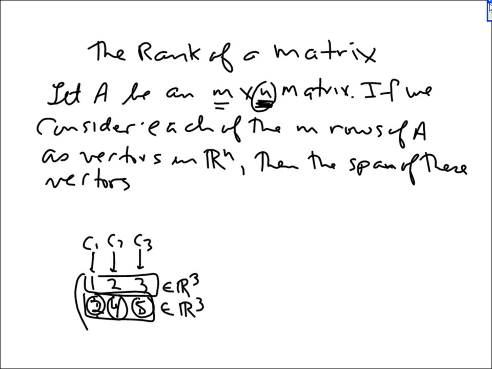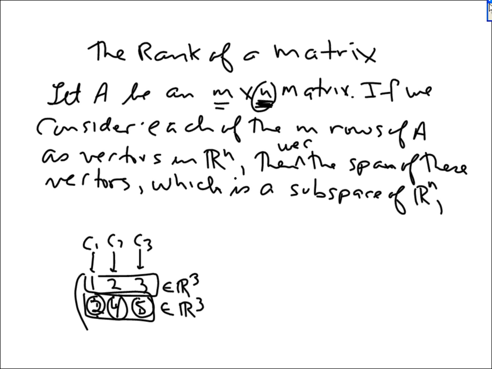The span of these vectors happens to be a subspace of R^n. I just want to change one word. Then we call the span of these vectors the row space of A.